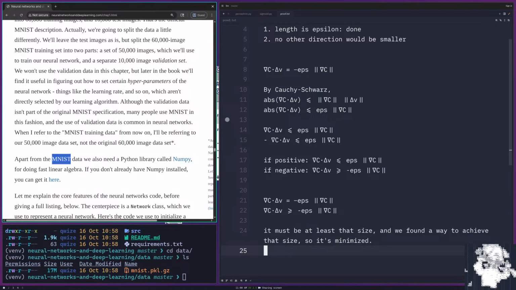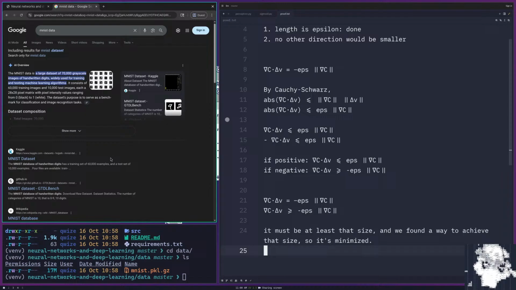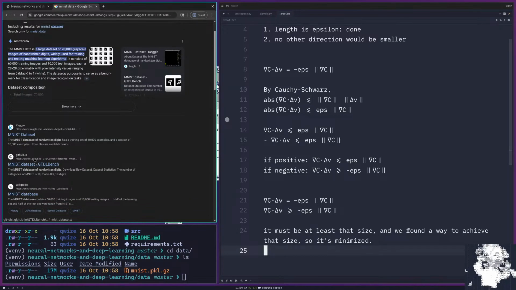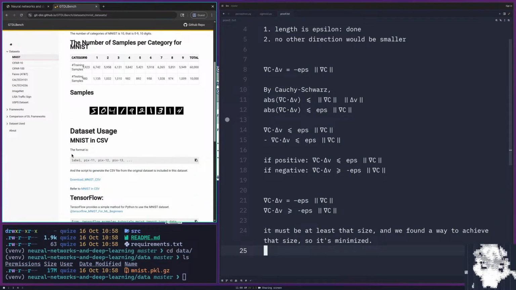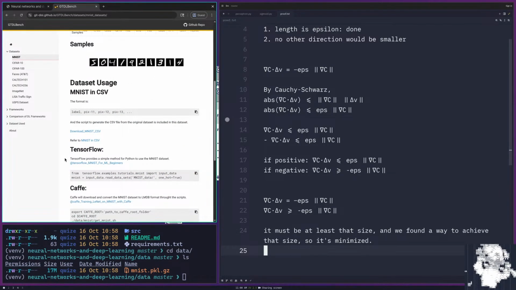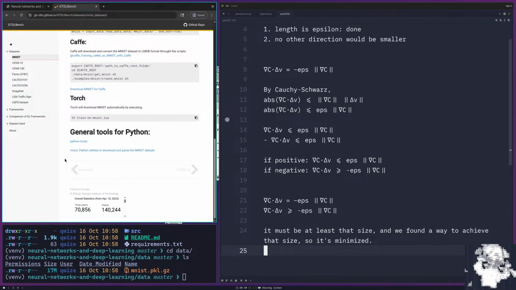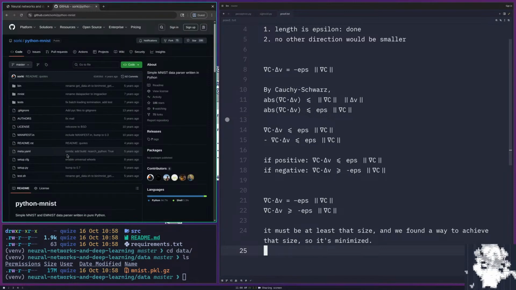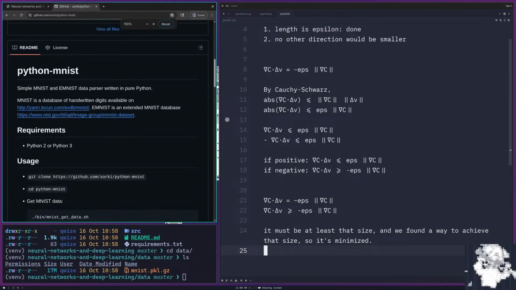All right, well, I guess one thing I'm interested in is instead of using his version of it, can we just use the standard MNIST data? There's something called Python MNIST. MNIST data parser.